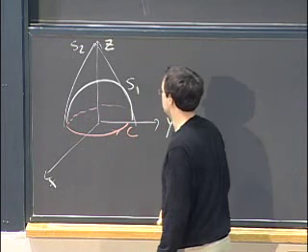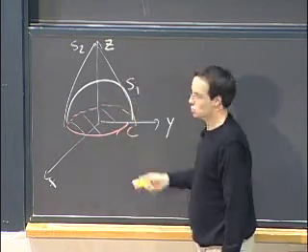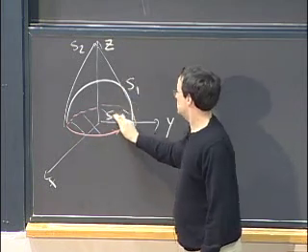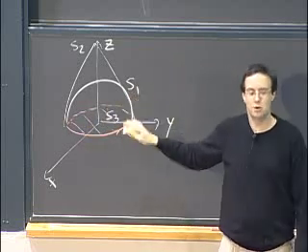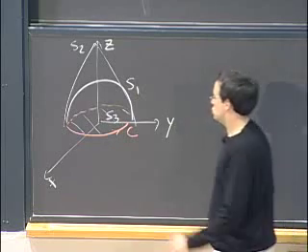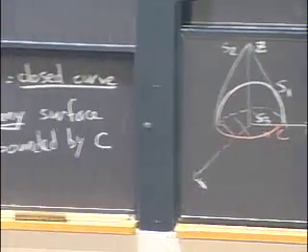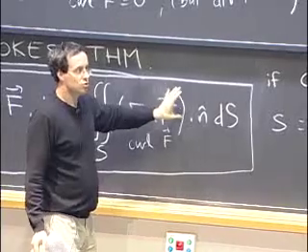Or probably the most logical one would be just to choose a disk in the xy plane. That would probably be the easiest one to set up for calculating flux. But anyway, what Stokes' theorem tells me is I can choose any of these surfaces, whichever one I want, and I can compute the flux of curl F through this surface.